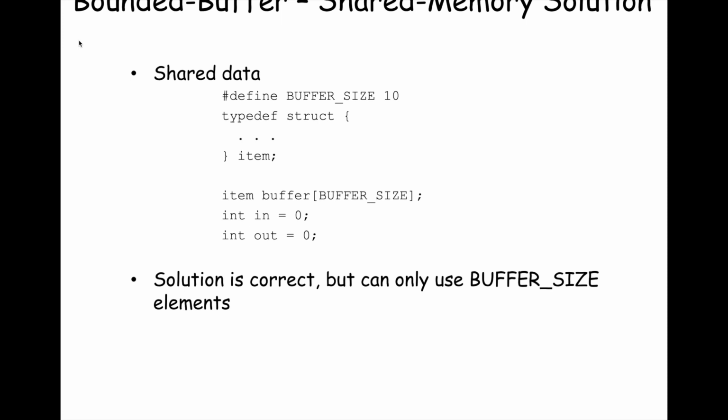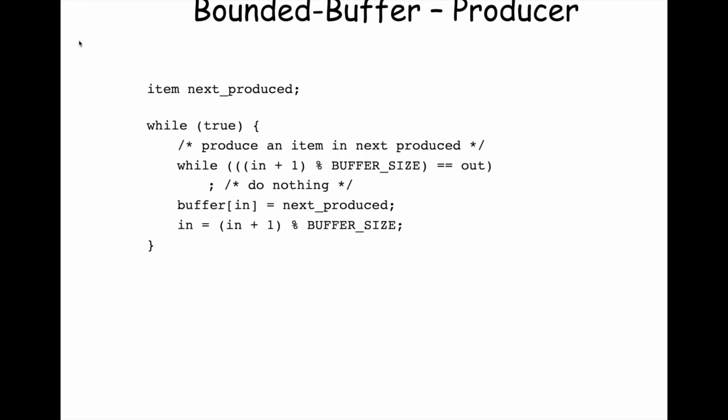So this is a bounded buffer, and the solution is fine, but you only have enough space to hold 10 of them. And so when you're producing an item, usually what happens, you use what's called a circular buffer.